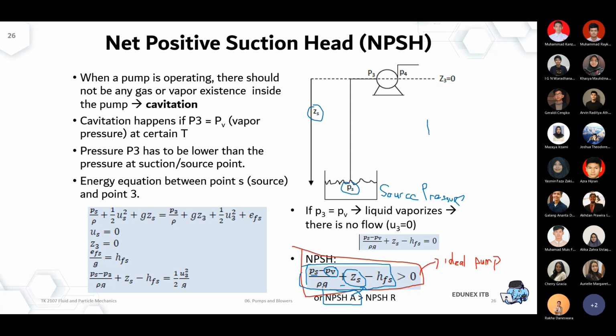There will be another case where the tank is above and then the pump will be below. Okay, and that's the ZS. So in this case, the generic expression would be plus minus ZS. Sometimes it will be plus, sometimes it will be minus, depending on which unit is above the other.